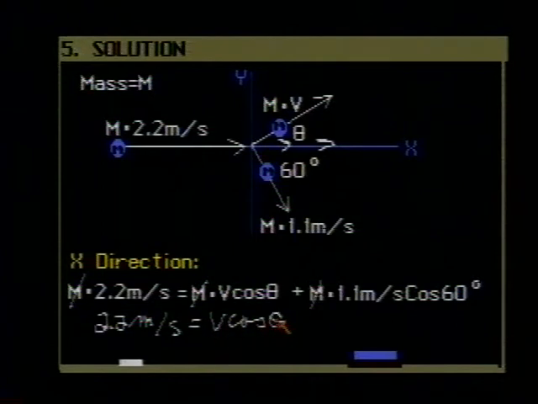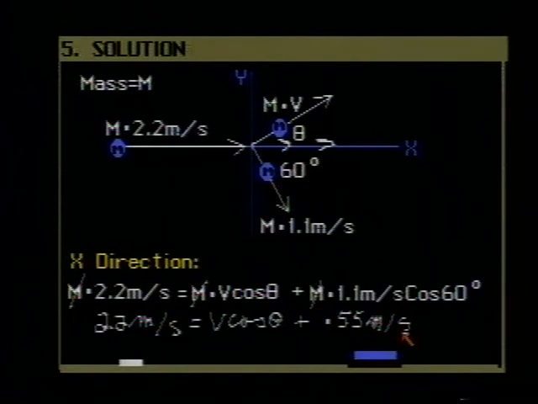And we can rewrite this as 2.2 meters per second is equal to v cosine theta plus 1.1 meters per second times the cosine of 60 degrees, which turns out to be 0.55 meters per second.